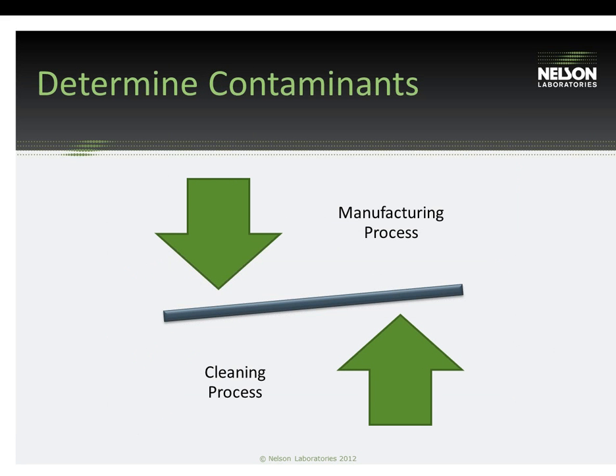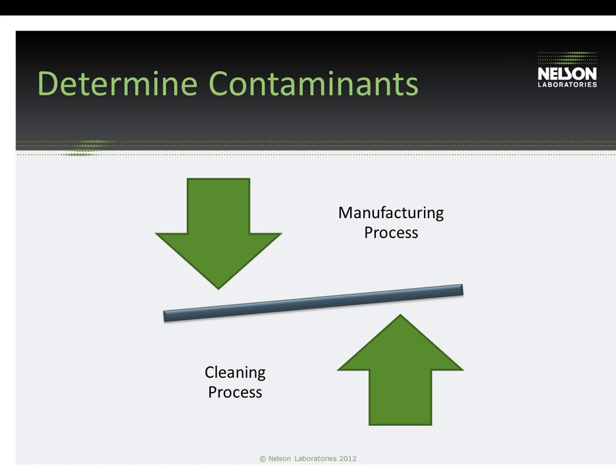In determining the potential contaminants, you want to look at the manufacturing and cleaning process and really anything that comes in contact with your device that could possibly be left behind. So from the manufacturing process, maybe you have oils, lubricants, polishing compounds, things of that nature that come in contact with your device that could possibly be left behind.